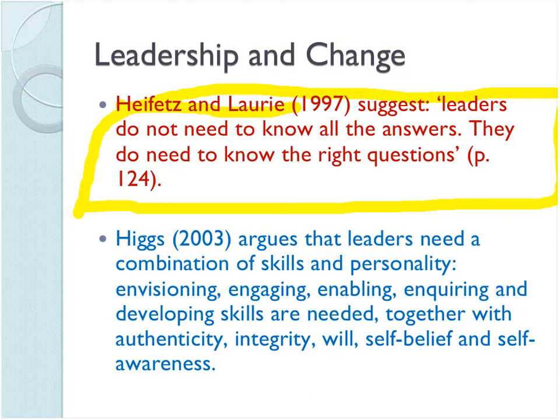Then it's easier for the staff to follow those missions and visions, because the right questions were found, and the right vision, mission, and strategies were installed from the beginning of the organization. So this is what I understand from this statement: why the leaders should know the right questions instead of knowing all the answers.